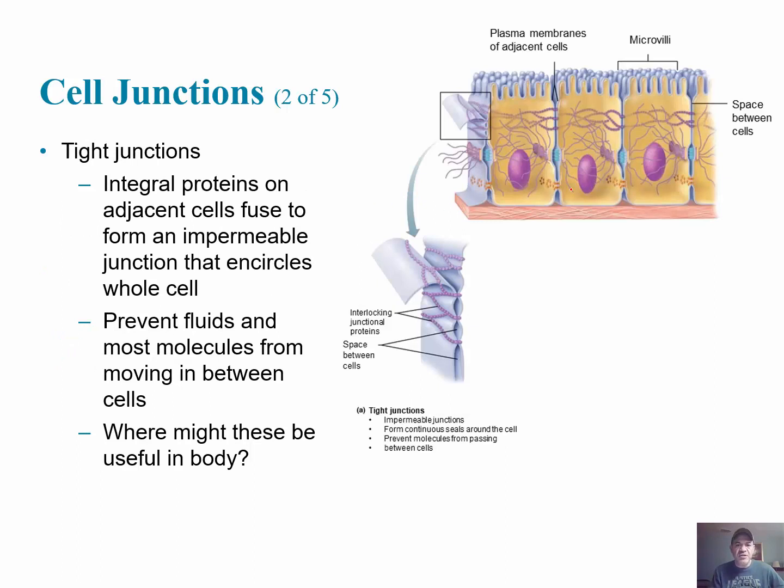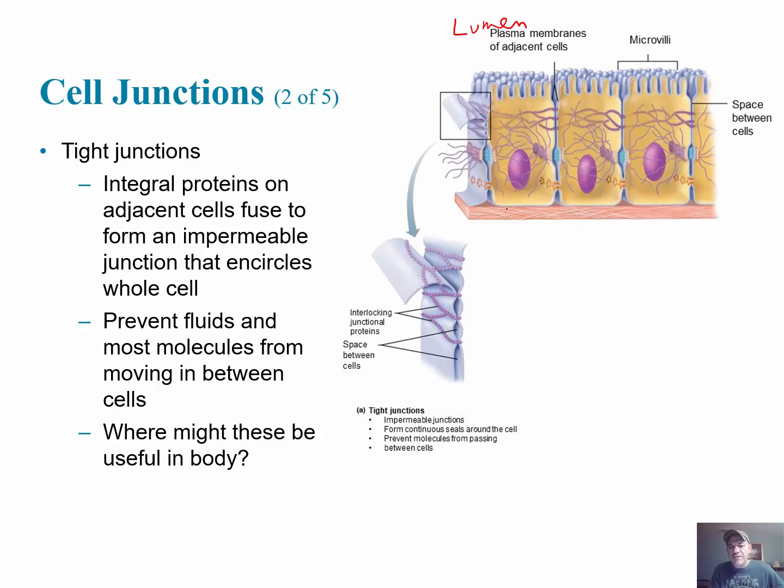So looking at tight junctions here, the diagram on the right shows a layer of cells. If I had to guess, this would be the inside of the small intestine right here. So this would be the lumen, or the space inside the tubular small intestine. And you can see the microvilli there that improve surface area here.